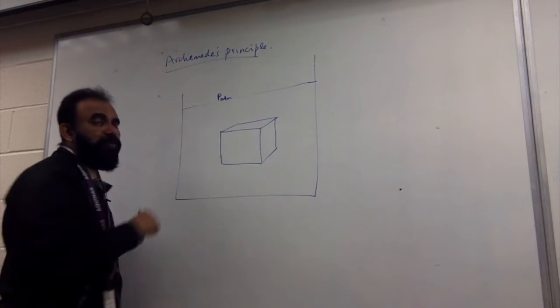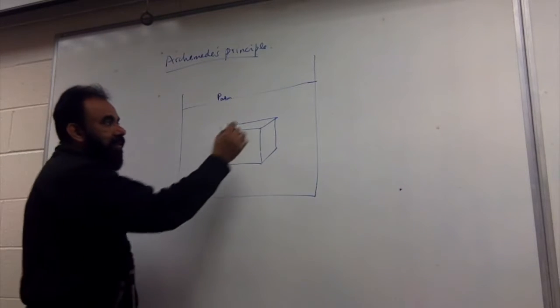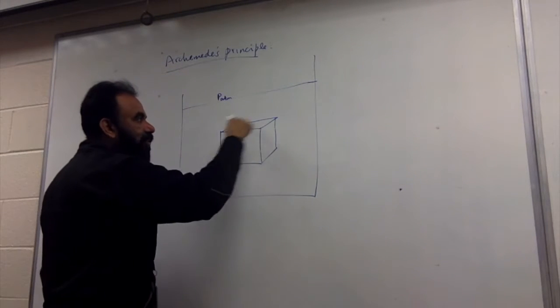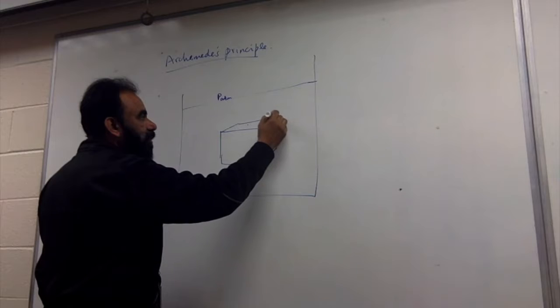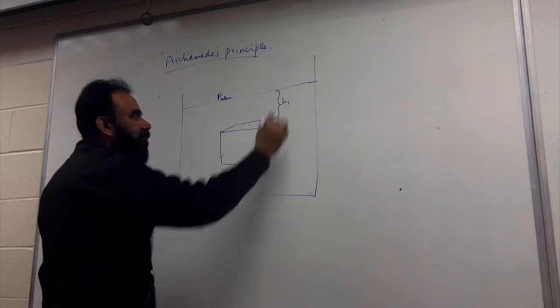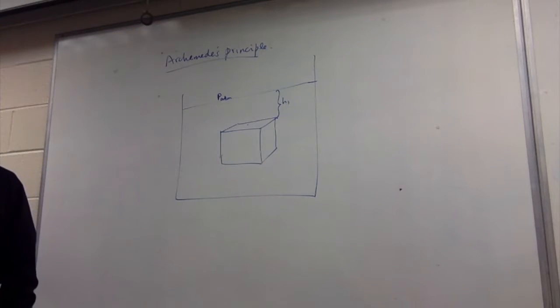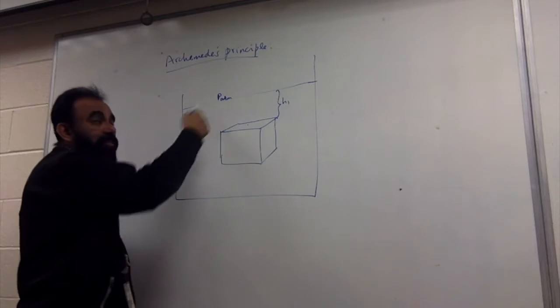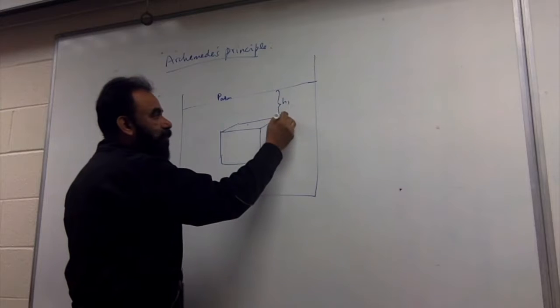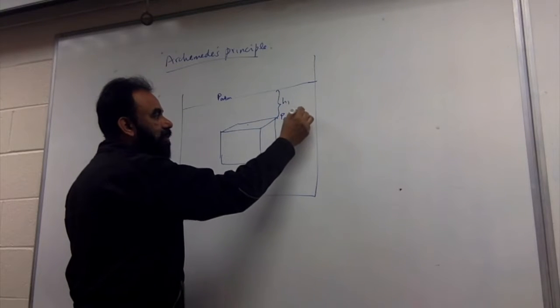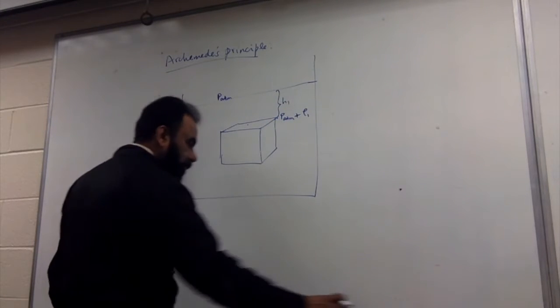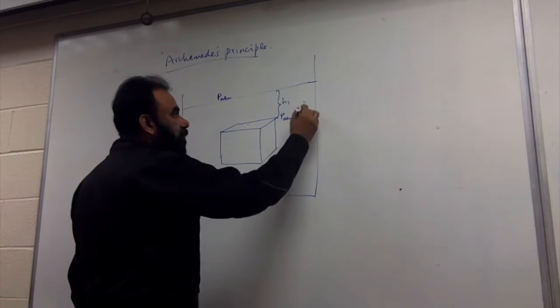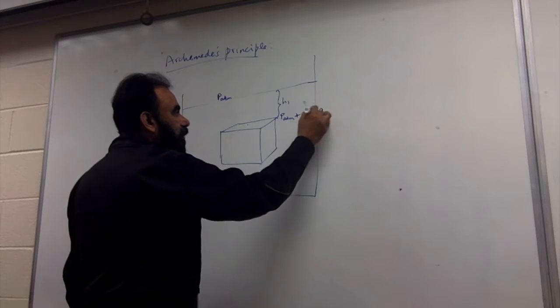The pressure is atmospheric pressure on the top. What is the pressure at a depth of H1? In addition to that, the absolute pressure here is atmospheric pressure plus H1 rho G.